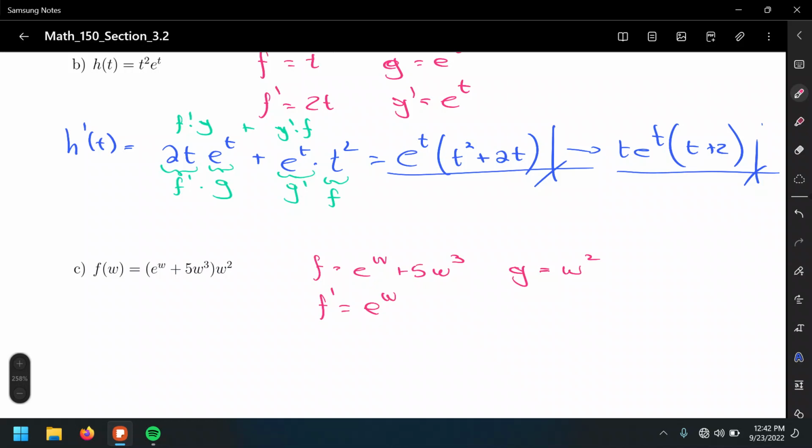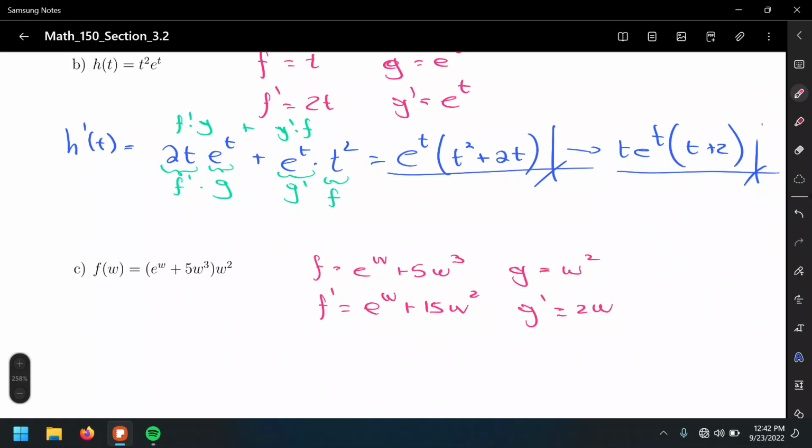It's the same, e to the w, and the derivative of 5w to the third, multiply the power with the coefficient, 15. Why does it become w squared? You subtract 1 from the exponent. G prime is 2w to the 2 minus 1, which is 1. We don't need to write that one.